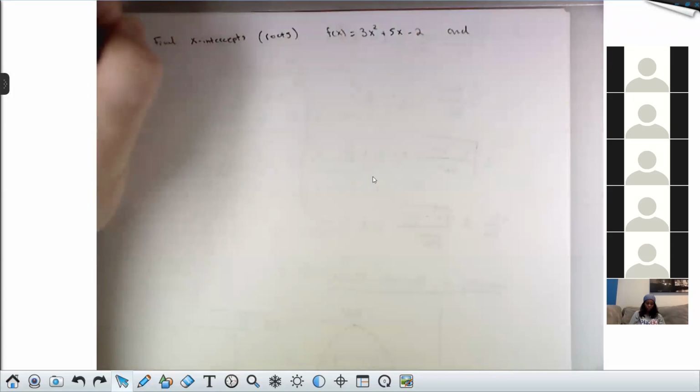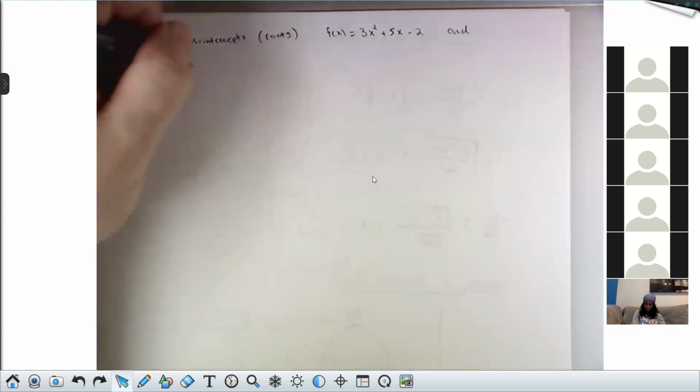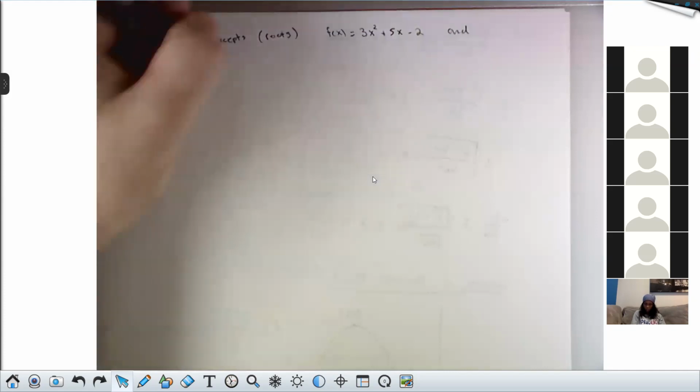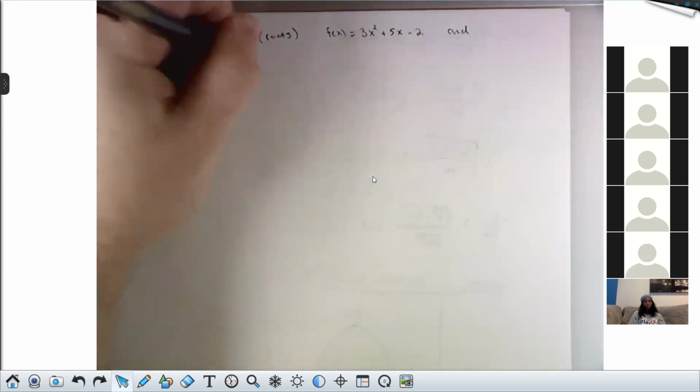And the other one I'll call g of x. Let's use for that one some nasty but real roots: 2x squared minus 12x plus 13.